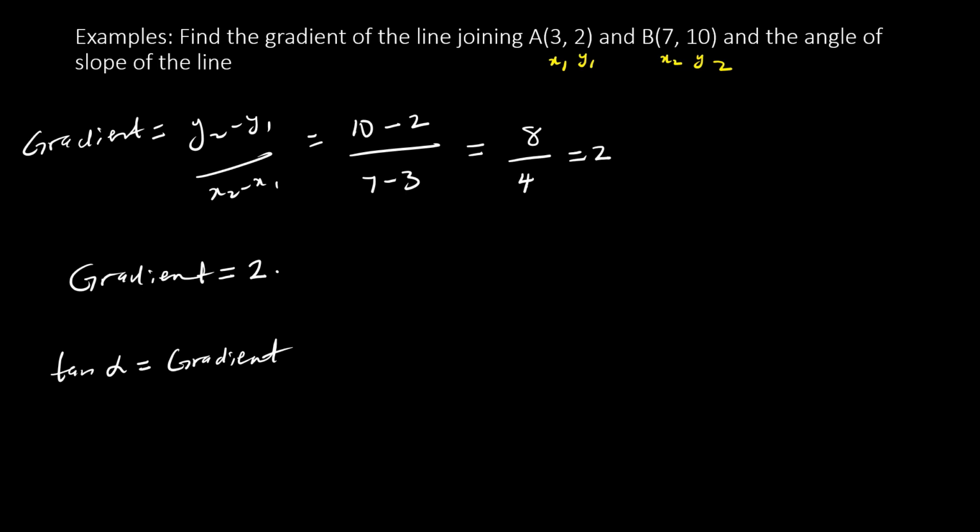Since we have already gotten our gradient to be equal to 2, we now have tan alpha equal to 2, and alpha equal to the tan inverse of 2. Here we have alpha to be equal to 63.43 degrees. This is how we can get the gradient and also the angle of slope of the line.